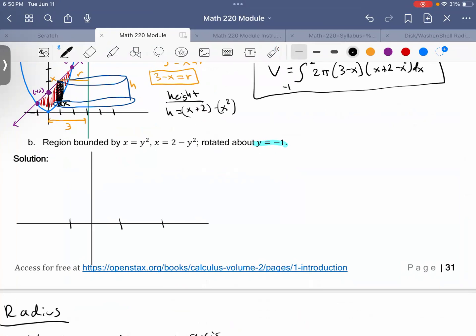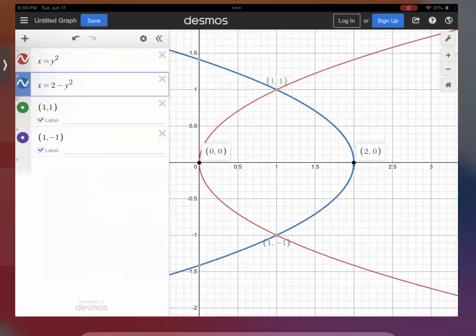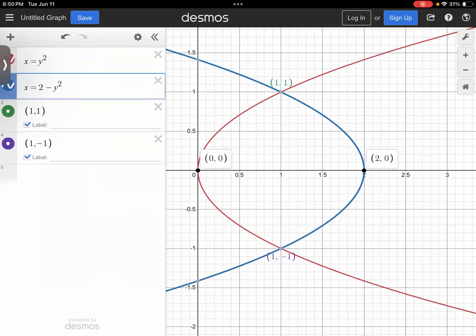Here's -1, and we have 1 up here. So the key points we had are 0, 0, 1, 1, 1, -1, and 2, 0.